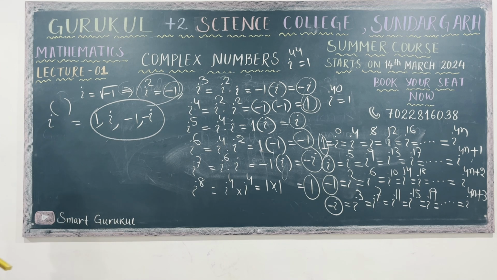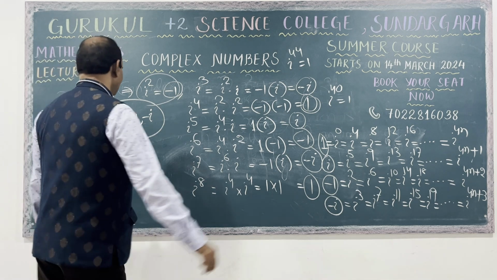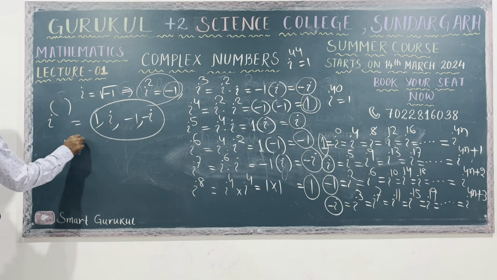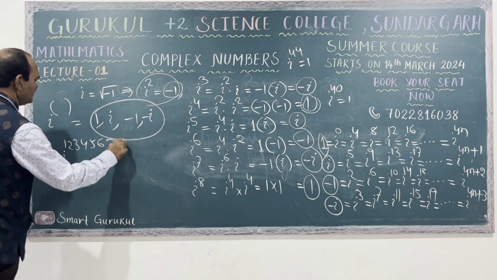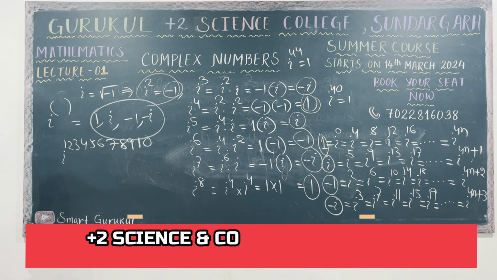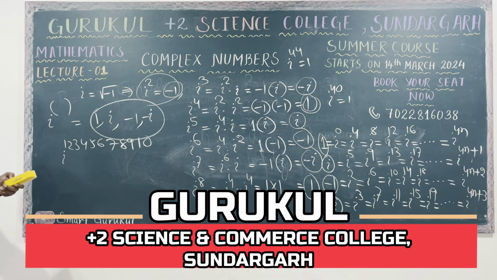Now what is the general process? Suppose the power of i is a very big number, like i power 12345678910. How can you find the value of this one?